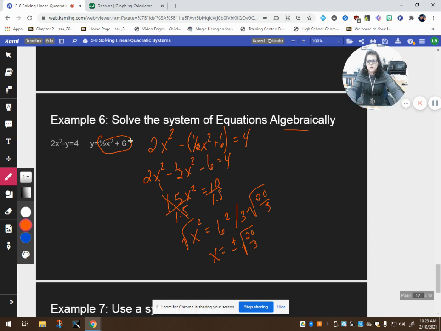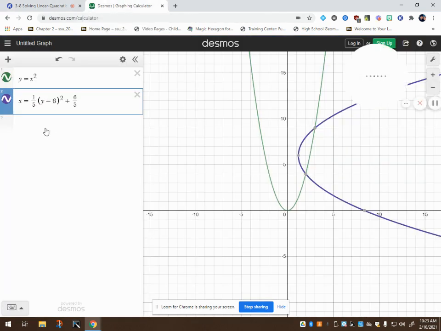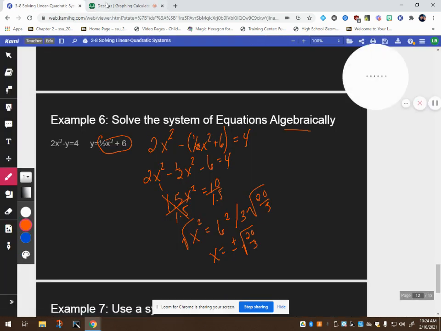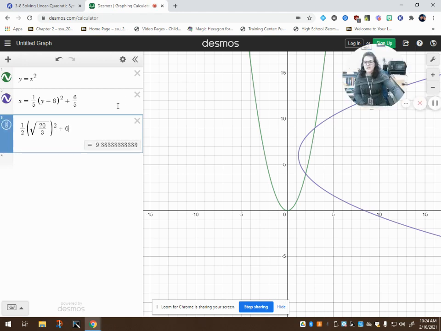the square root of 20/3. Okay, so I'm going to pull up Desmos again and just type this in, 1/2 x squared plus 6. So 1/2, and in place of x squared, I'm going to put 20/3. Nice thing is when I square a square root, it cancels out. And then what did we have here? Plus 6. Okay, so I get 9 1/3 for one answer. And if this was a negative, again, we get 9 1/3.